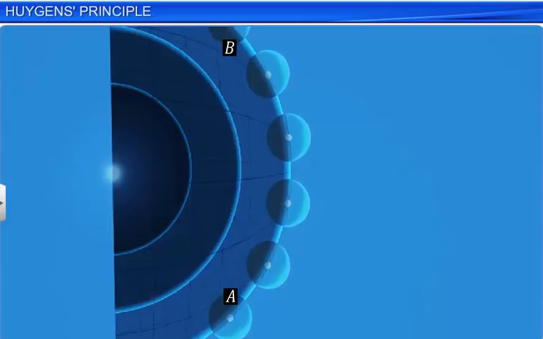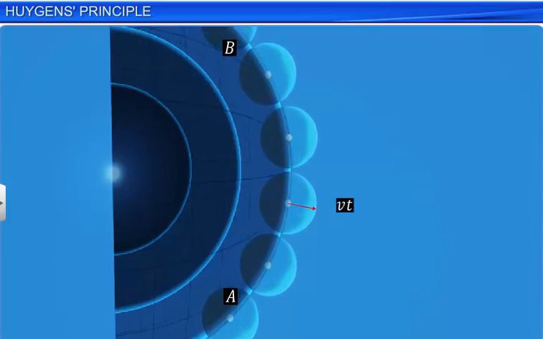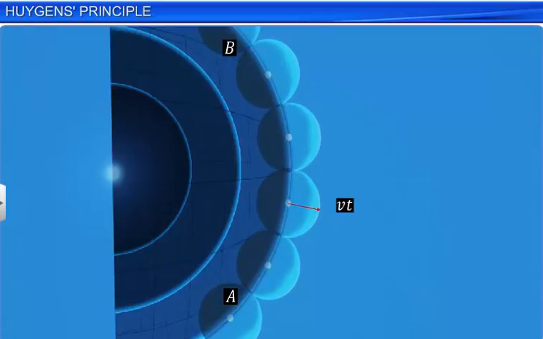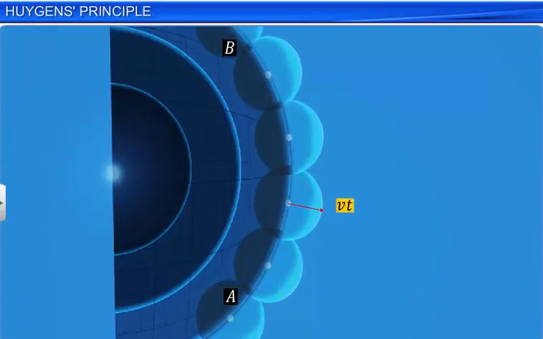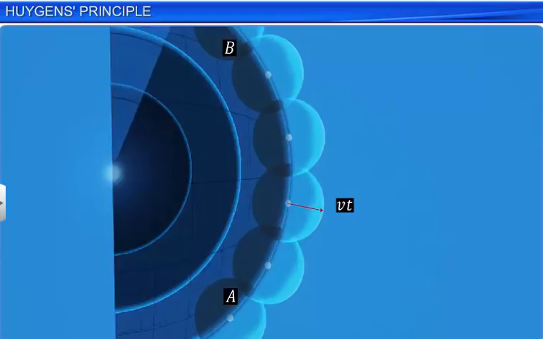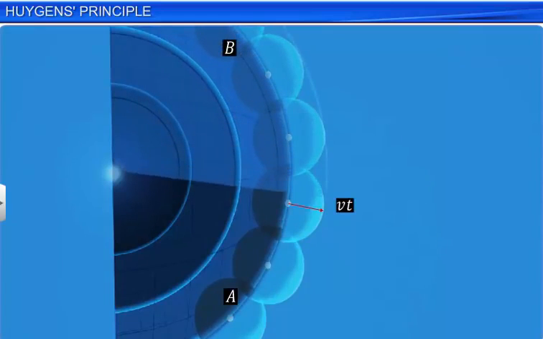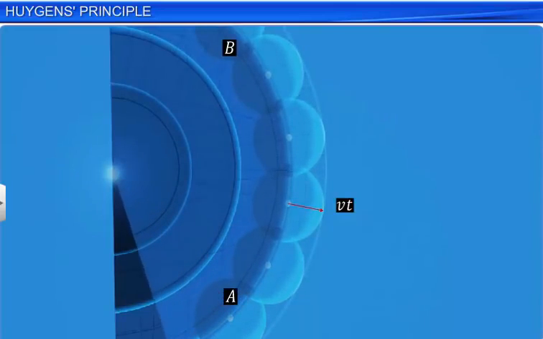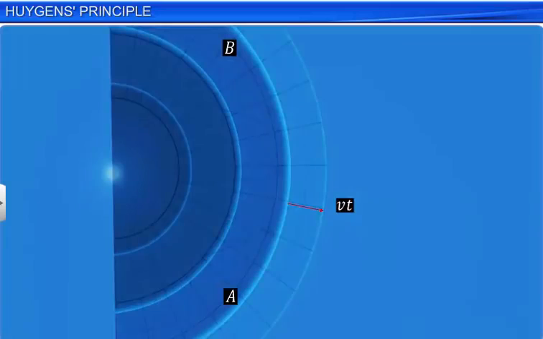If the speed of the wave is v, then in time t, the radius of the spherical wavelets becomes vt. The tangential surface common to all these spheres in the forward direction gives the shape and location of the new wavefront after t seconds. In the image, the surface a'b' represents the location of the wavefront AB after t seconds.